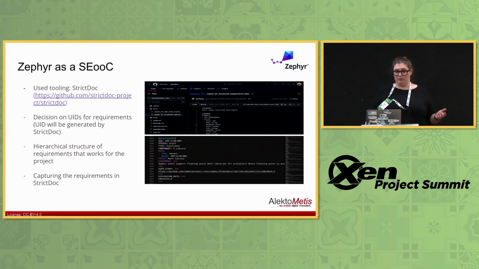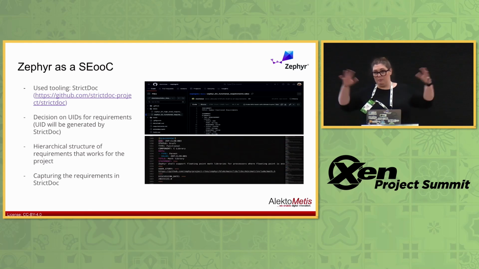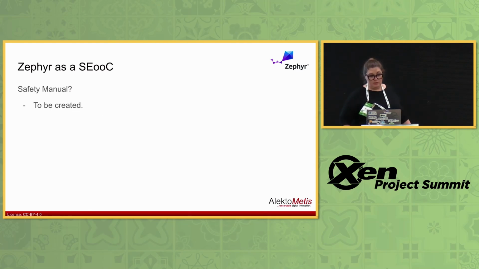What's the structure? And now we are starting to capture all the requirements in StrictDoc. We've also spent quite some time discussing what really is the right way to phrase requirements, and how strict we need to be. That's mainly the big bunch of work that we're currently working on.